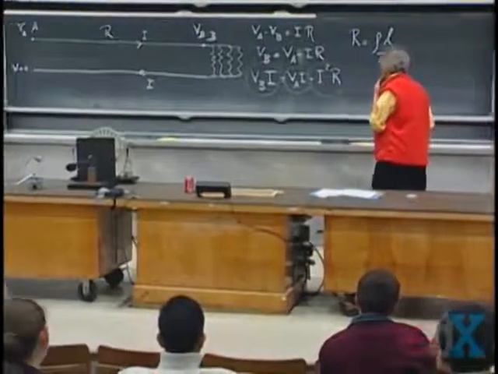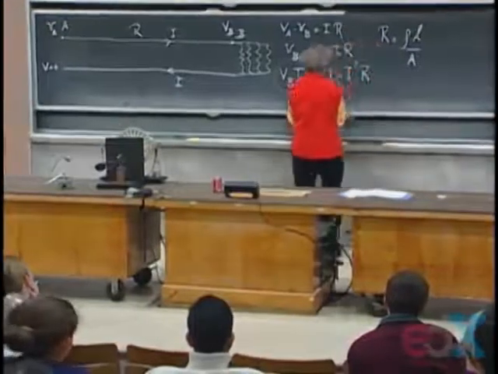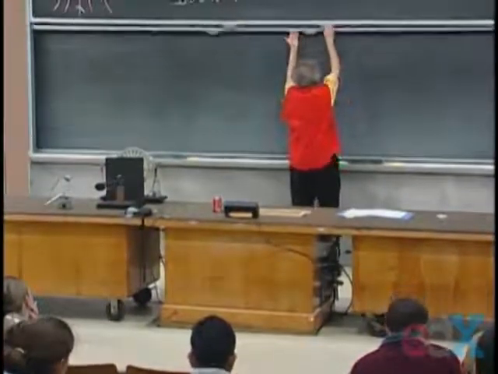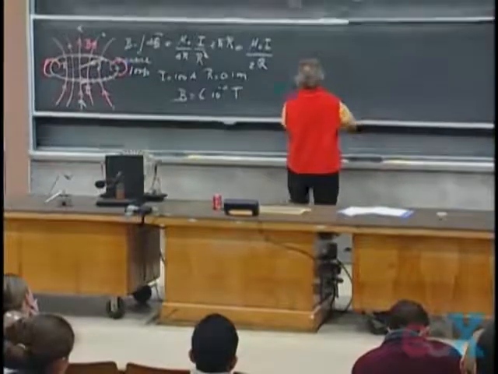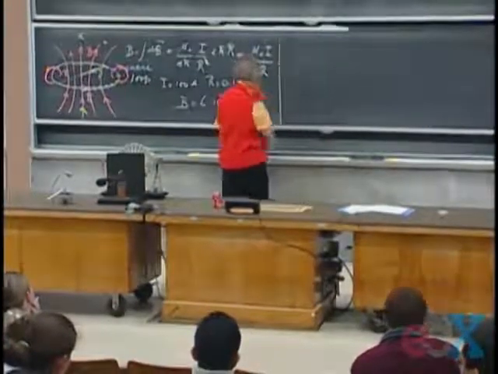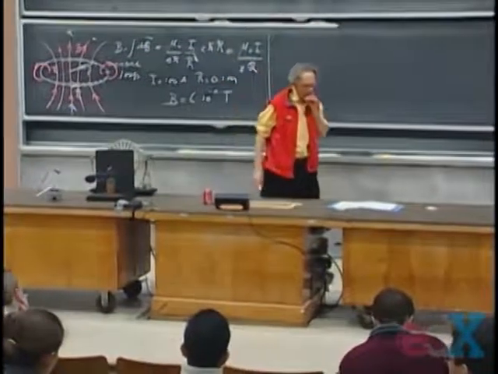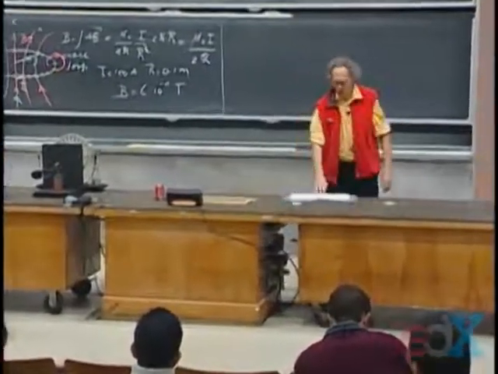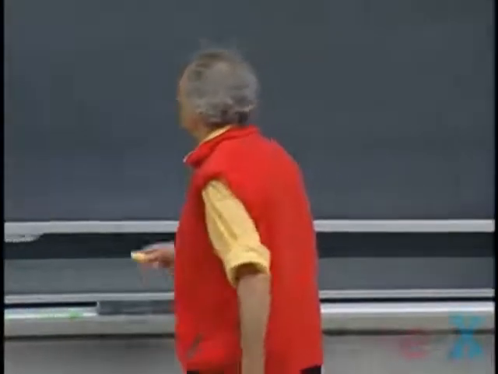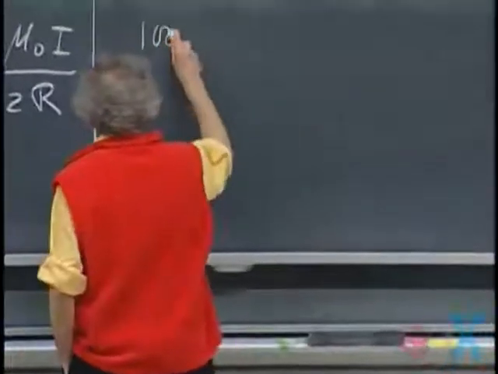Let's now look at the current. What can we do with the current? Suppose we consume 100 megawatts, not an unreasonable number. So we are consuming 100 megawatts.